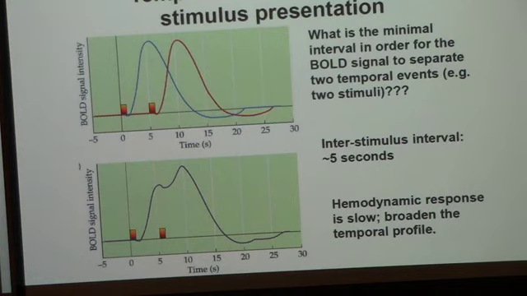For example, if I want to give two stimuli and I do them too close to each other, then it is hard to separate the two responses with only one peak there. So you have to have enough interval between the two stimuli.